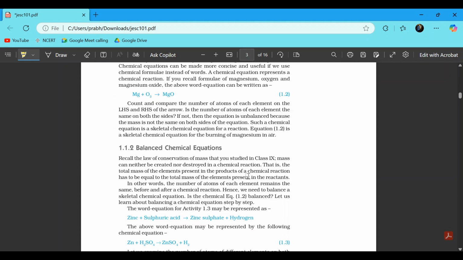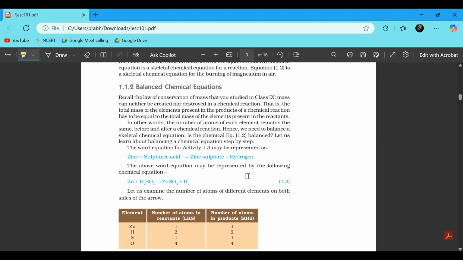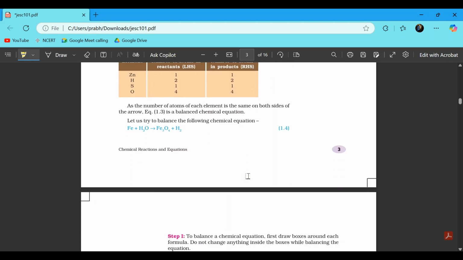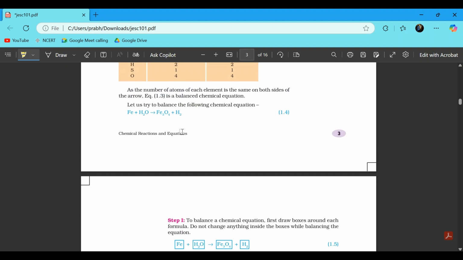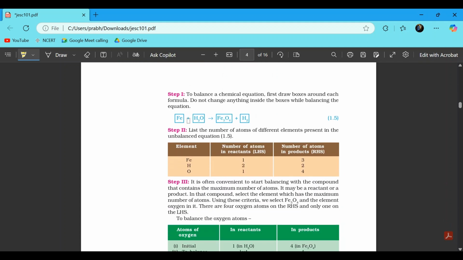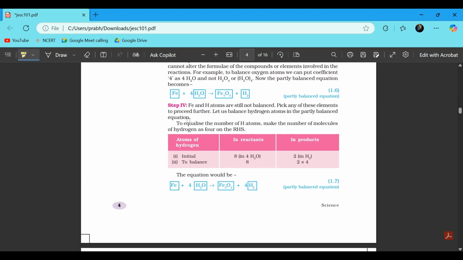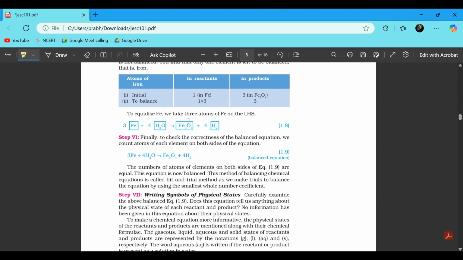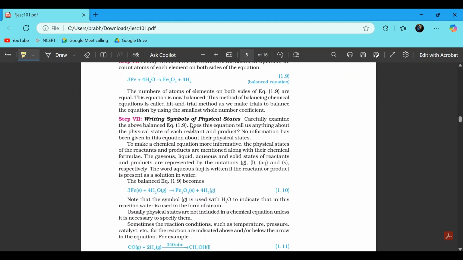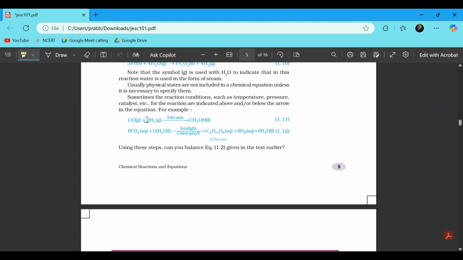Firstly, I will discuss what part is more important for you and what is not. You have to learn all the reactions which are given in the book itself. Like here, this reaction has been given, and this reaction is very important. I will say you have to remember this.